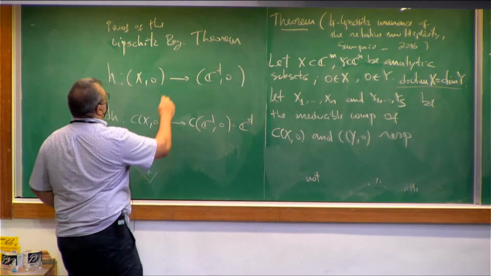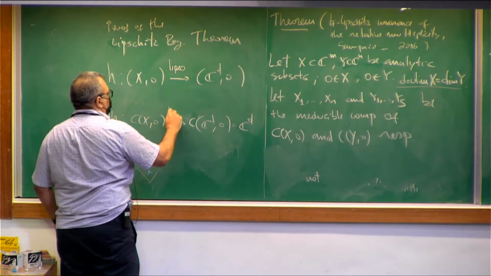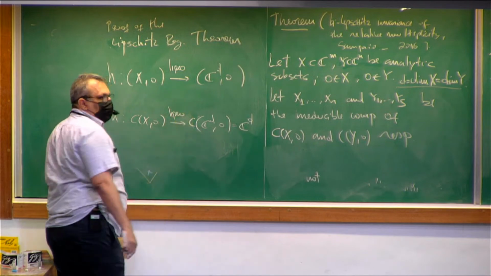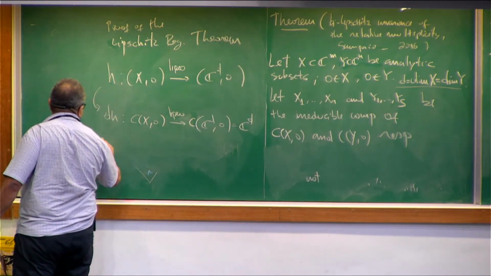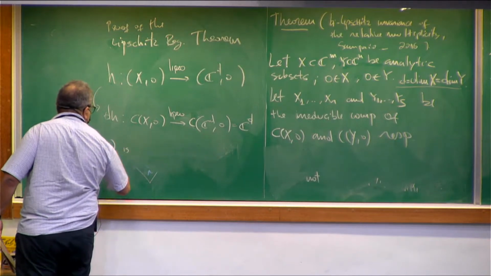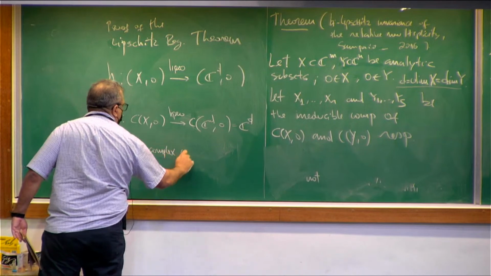And this is bi-Lipschitz, which implies this is bi-Lipschitz in particular. This guy is a complex cone.